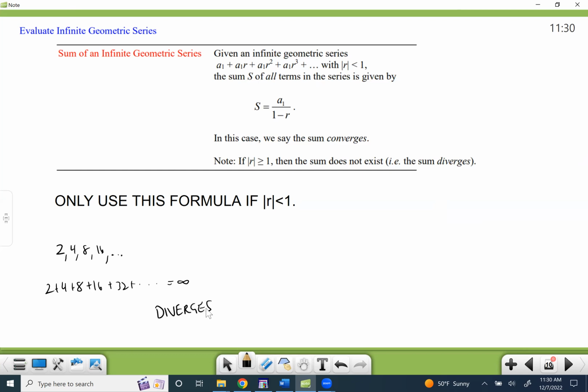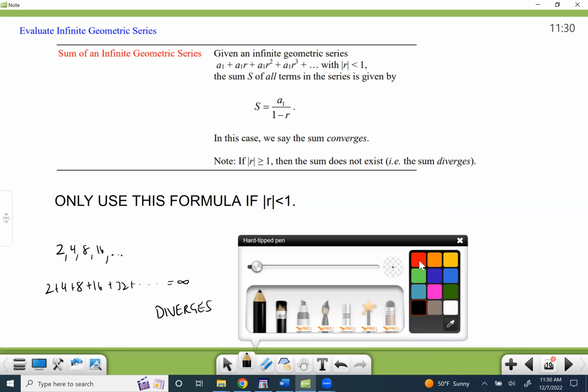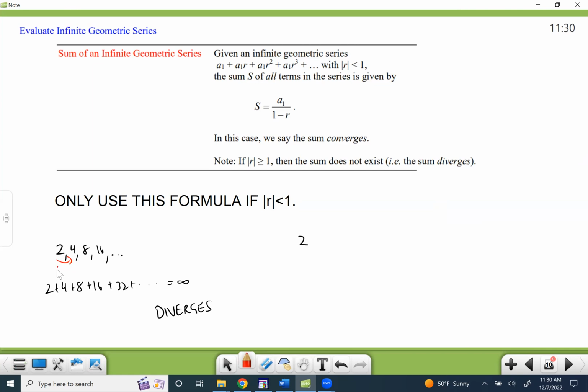But if I'm multiplying by something that's instead of bigger than 1, let's say I'm multiplying by 1/2. Well, then at least it's shrinking. And at some point it's shrinking so much that you can kind of think of it as nothing.